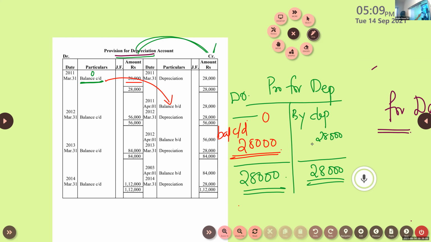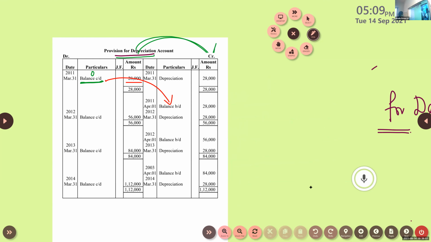The same continues now up to 4 years. Balancing figure 28,000. Now the next year, again the depreciation, 28,000. We are keeping this depreciation amount in another account. So first year we have 28,000.